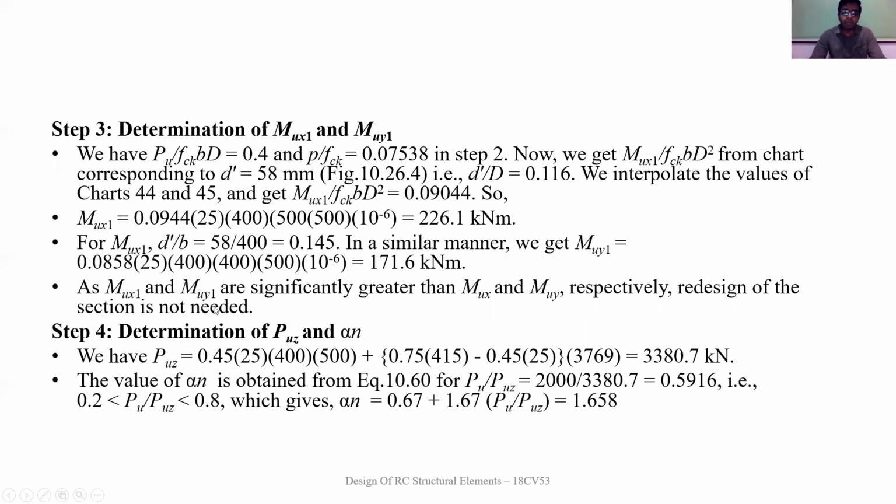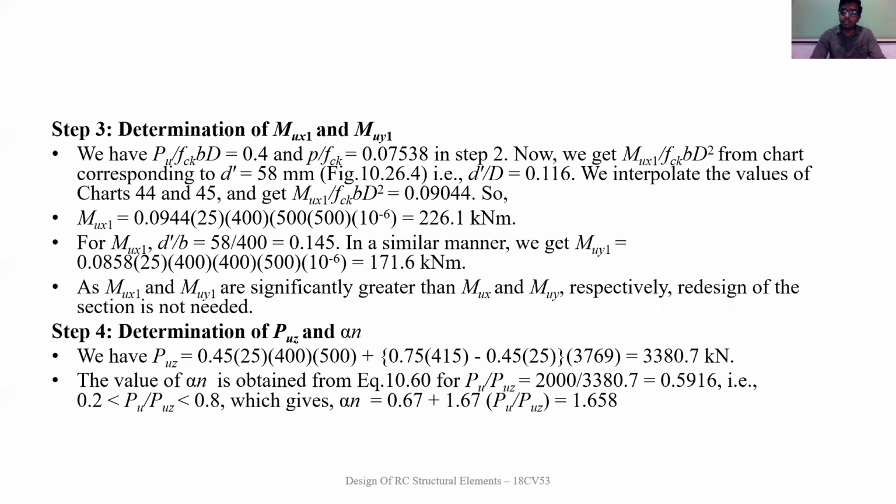In step 3, we will be determining the Mux1 and Muy1 for the assumed section and the provided reinforcement. For the assumed section with provided reinforcement, the Pu by fck bD is 0.4 and p by fck is 0.07358.